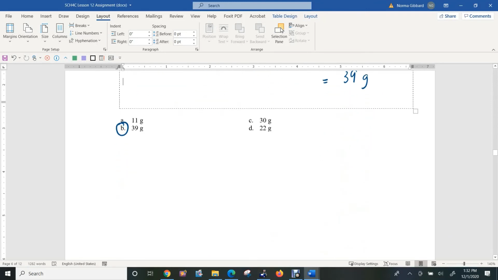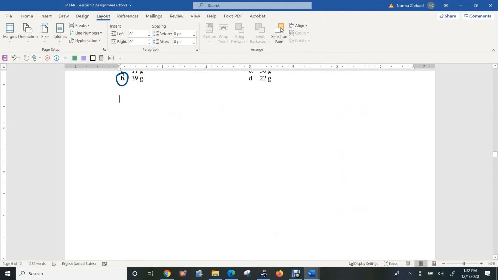So, to review, you need to know what M represents, and that's your molar mass. Little n is the number of moles, and little m is your gram weight.